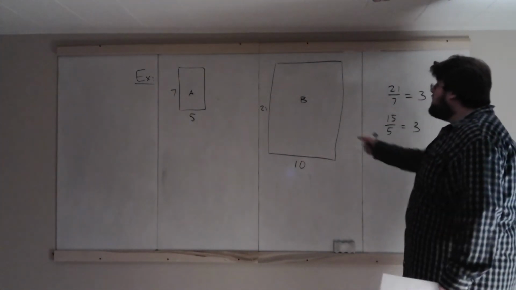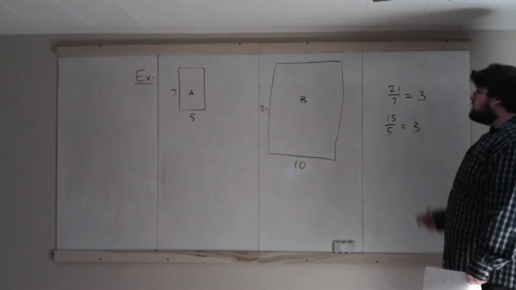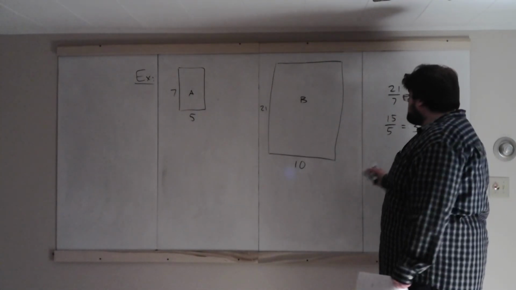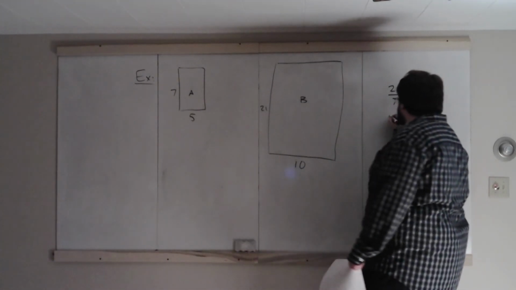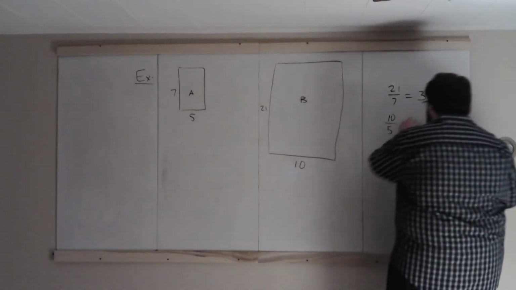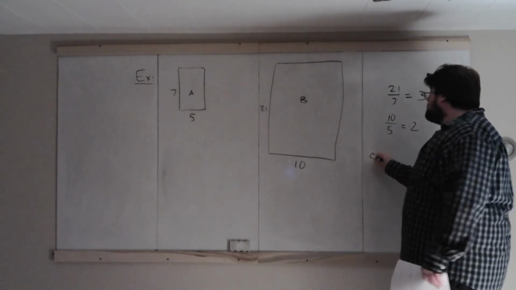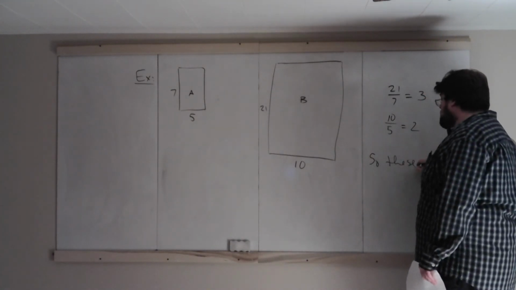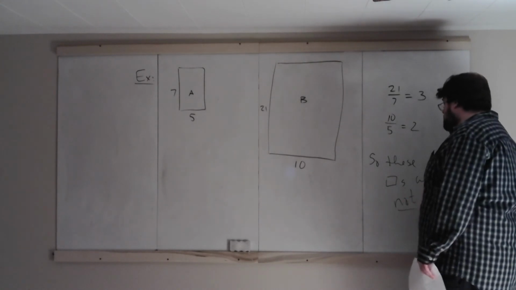The longer side here is 21, the longer side there is 7. 21 divided by 7 is 3. The shorter side on this rectangle is 10. 10 divided by 5 is not 3. I should have erased that 3 also. 10 divided by 5 is 2. So these rectangles are not similar.